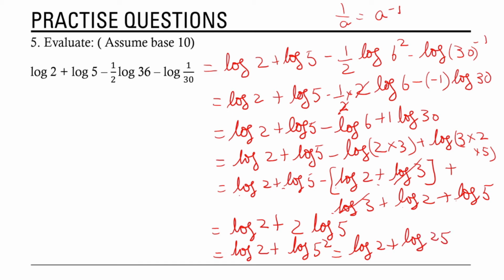So, log a plus log b is equal to log ab. So, this is equal to log. So, we have found the answer for the given question. Log 2 plus log 5 minus half log 36 minus log 1 by 30 is equal to log.